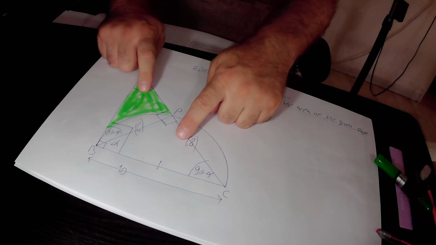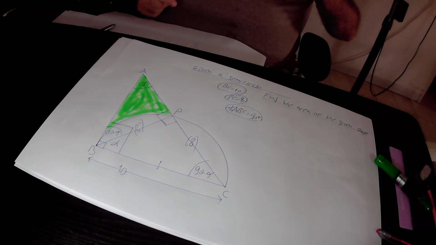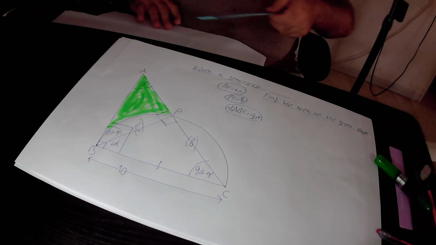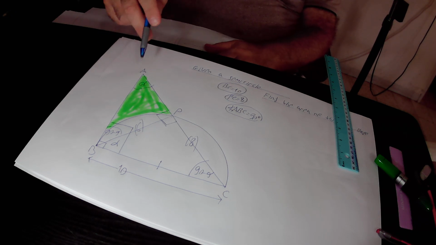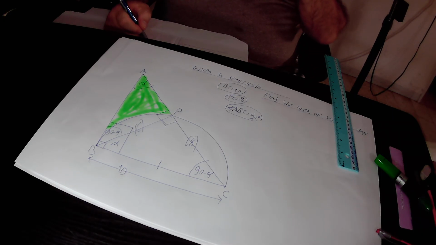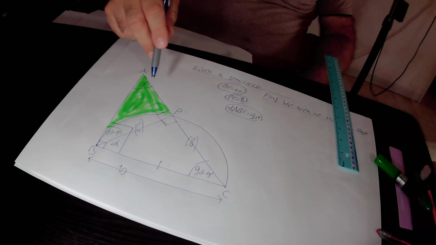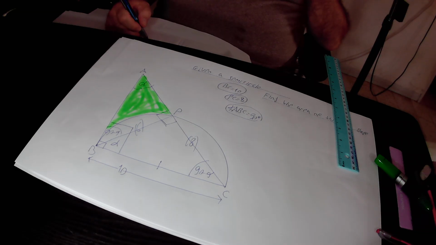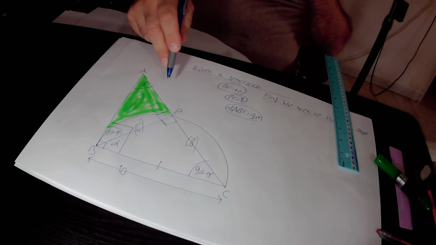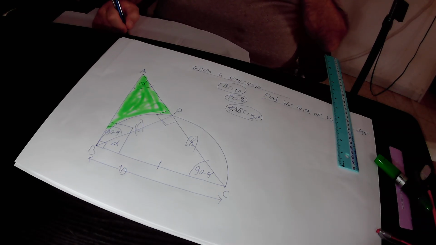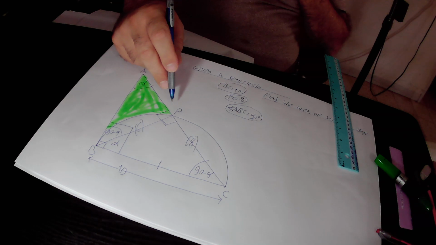And from the fact that those two right triangles are similar to each other, we will derive that the following relationship exists between their sides. We will derive that side AB of the right triangle ABP over side BC of the right triangle PBC is equal to side AP of the right triangle ABP over side BP of the right triangle BPC.